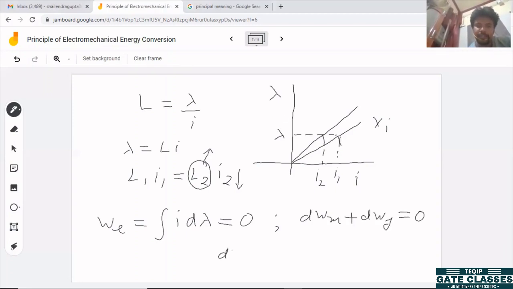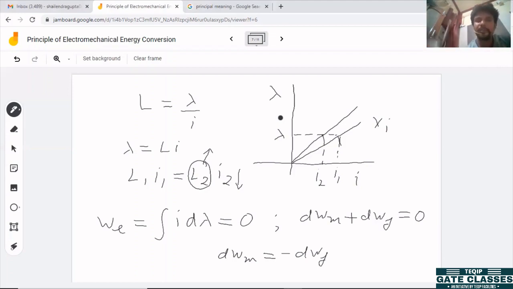So dWm will be equal to minus dWf. So the mechanical output will be such that the force applied on the movable plunger will decrease the energy content of the field, which is a natural process. In all natural processes, every system wants to decrease its own energy content.